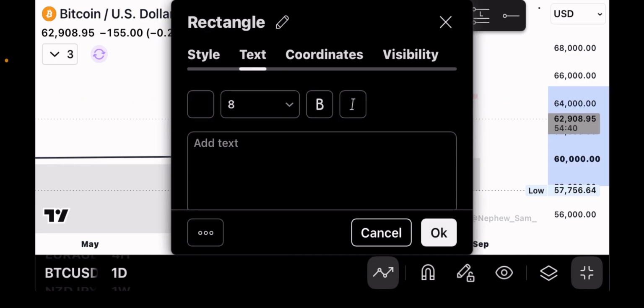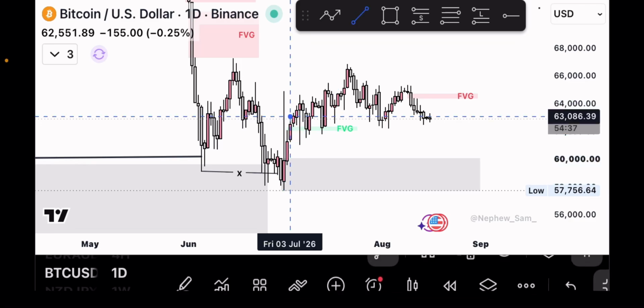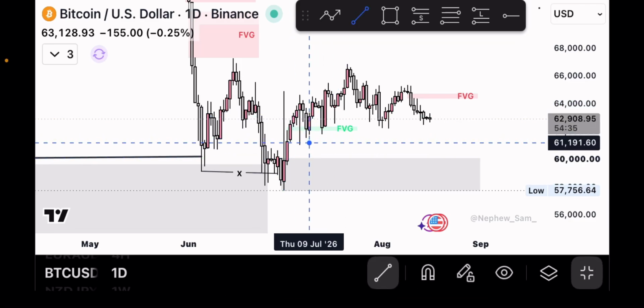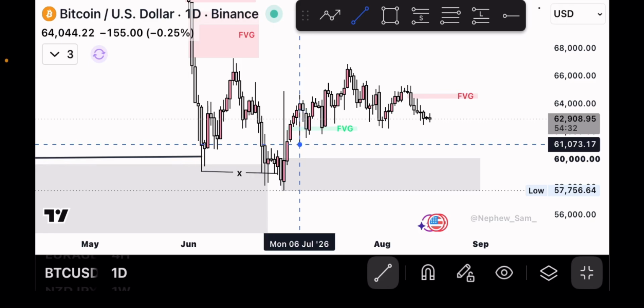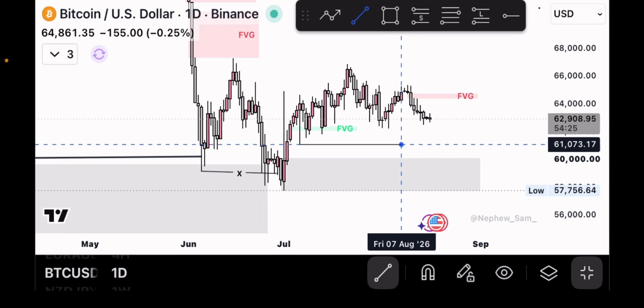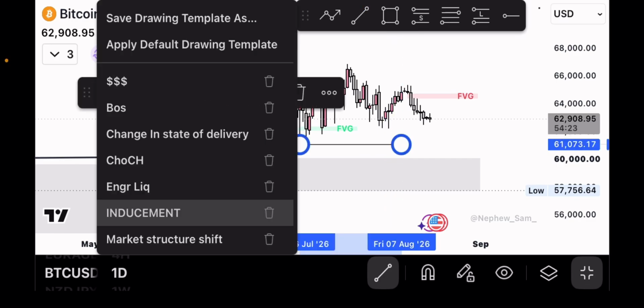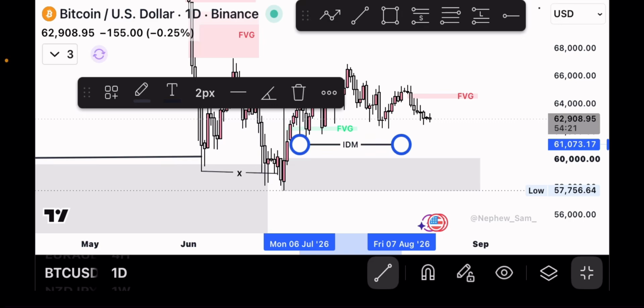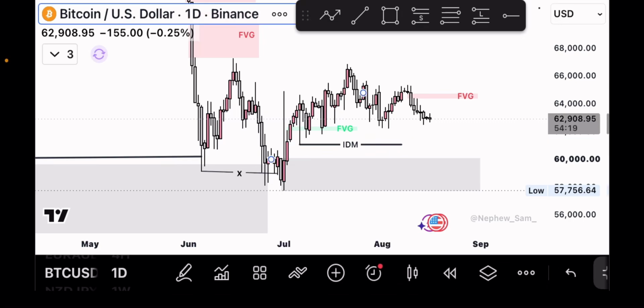So it's a valid pullback. So that is going to be our inducement, which is liquidity. You map it out, that is going to be our inducement that will attract price to come back to our zone. Inducements.